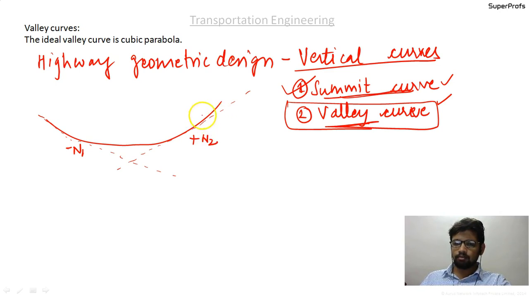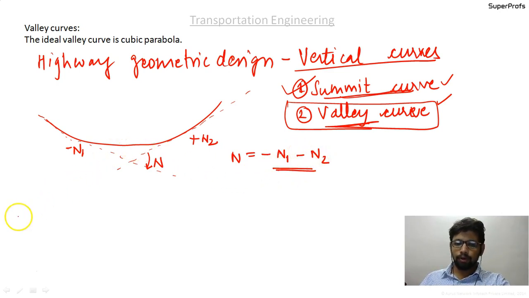So the angle of deflection over here, n, is equal to first minus the second. So the angle of deflection is minus n1 minus n2.